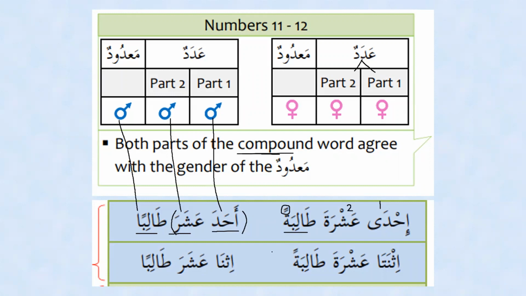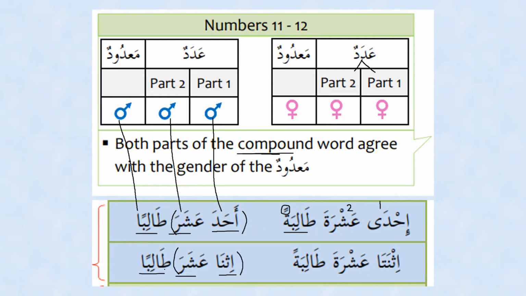Similarly, ithna ashara taliban, 12 students. Ithna is used for masculine, ashara 12. That will be the combination of 1 and 2 is 12, ithna ashara, and 10 plus 2 is 12, and then taliban will be ma'dud. So adad is always compound from 11 to 19.